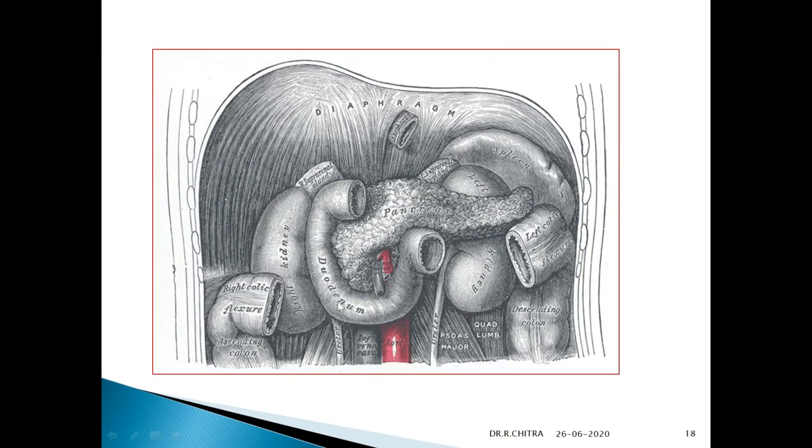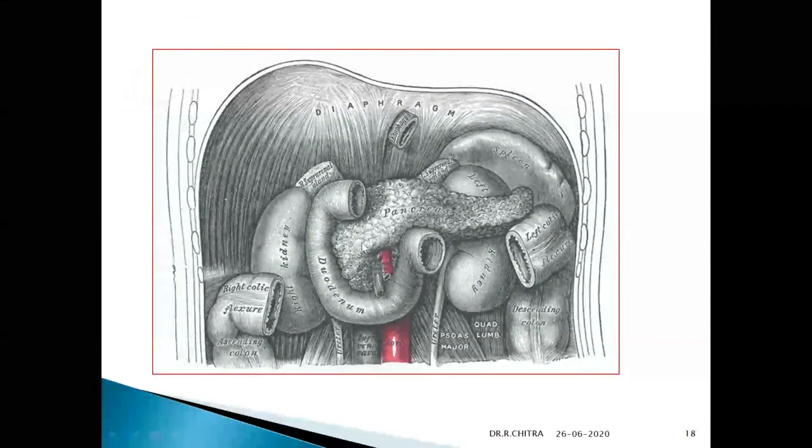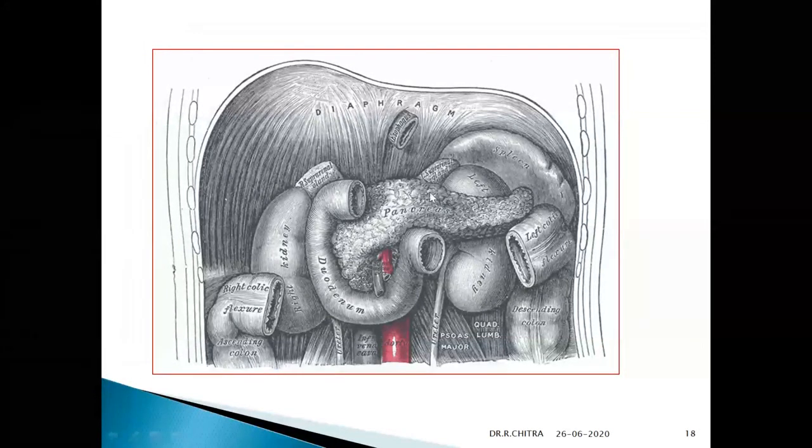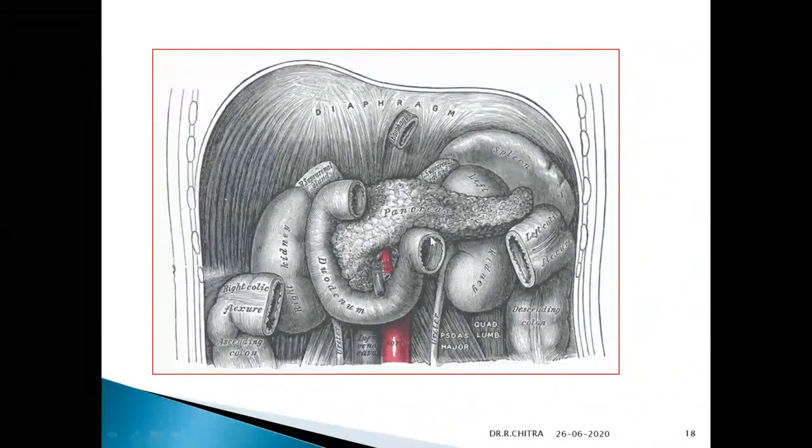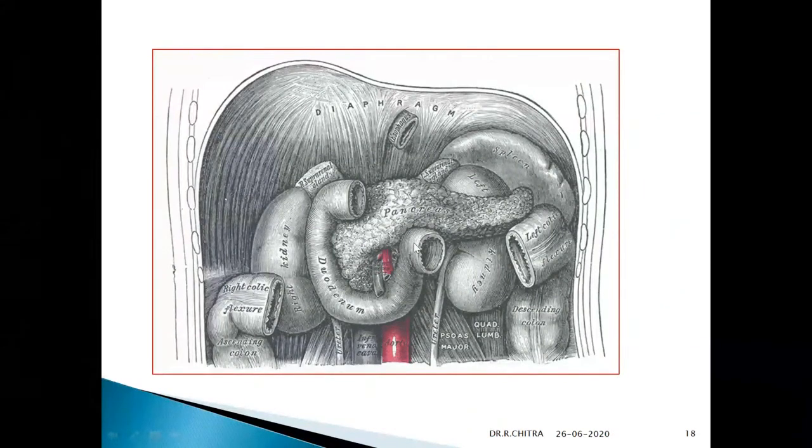So the same diagram which we explained for the duodenum, same thing you can understand in this. This is the anterosuperior surface of the body of the pancreas, and this is the anteroinferior surface or inferior surface related to duodenojejunal flexure, coils of jejunum, and left colic flexure, nicely shown in this.